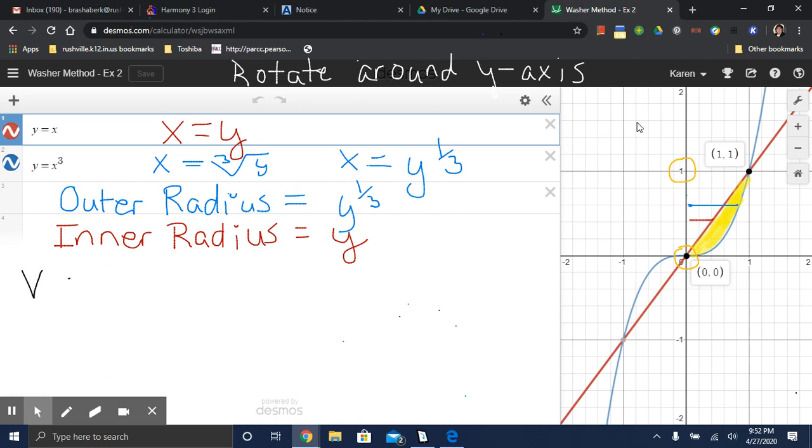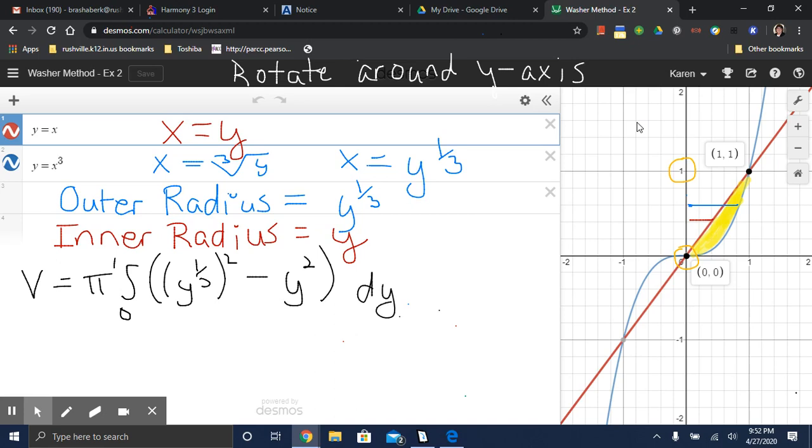So volume is going to equal pi times the integral from 0 to 1 along the y-axis. We're taking the outer radius and squaring that, so y to the 1/3 squared. And we're going to subtract from that the inner radius, which is just y, squaring that, and then dy.